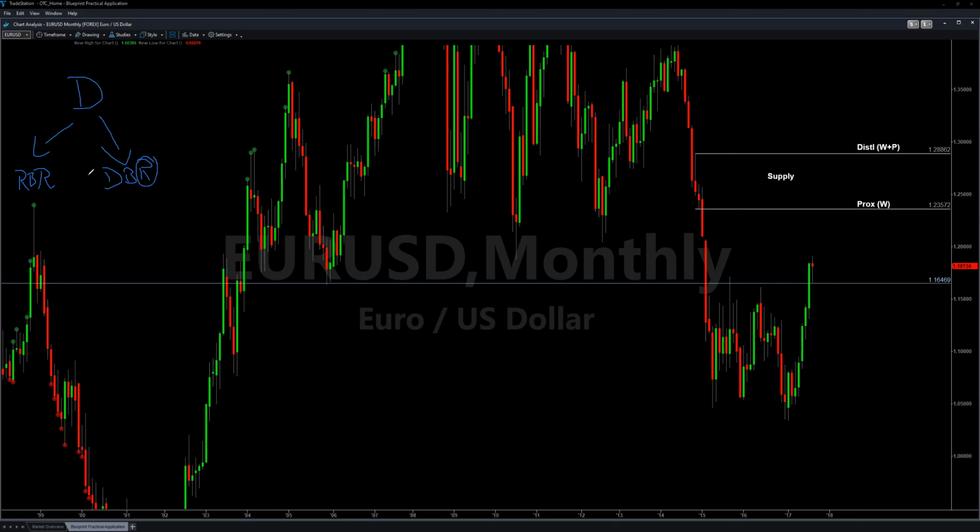Check, guys, the last letter is an R. That means a rally: drop base rally, rally base rally. That means we will be looking in the chart for rallies. Big green candles, explosive green candles, decisive green candles, right? That is our job here.